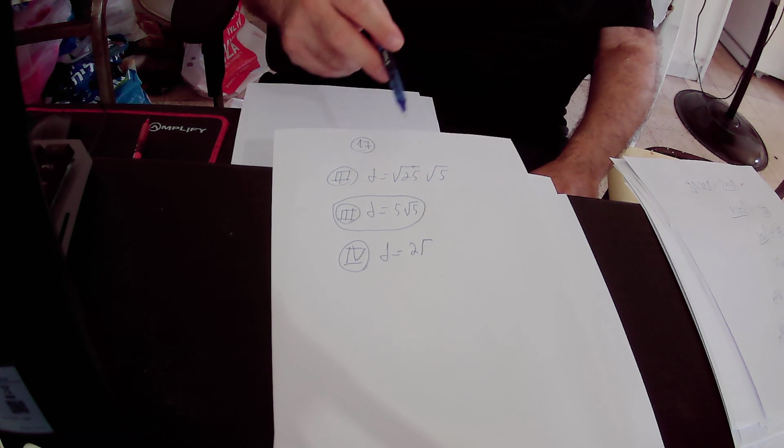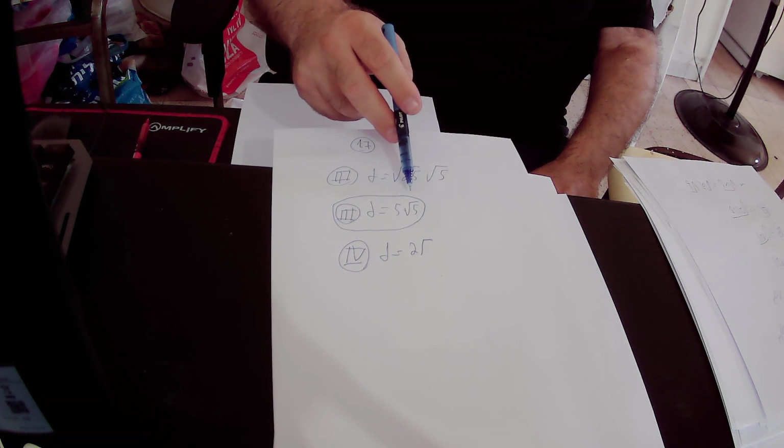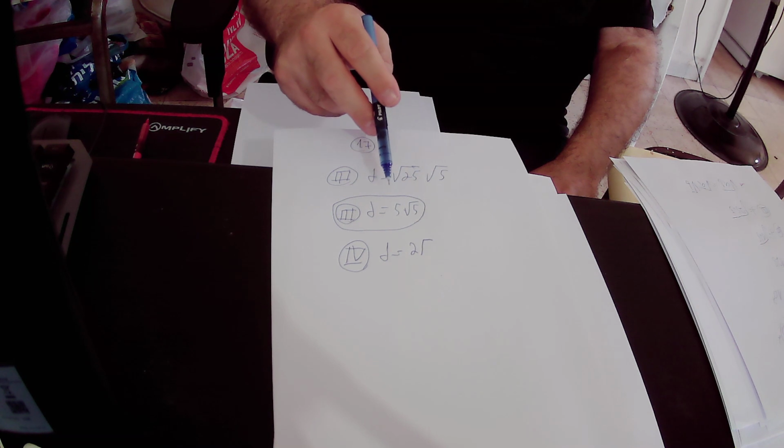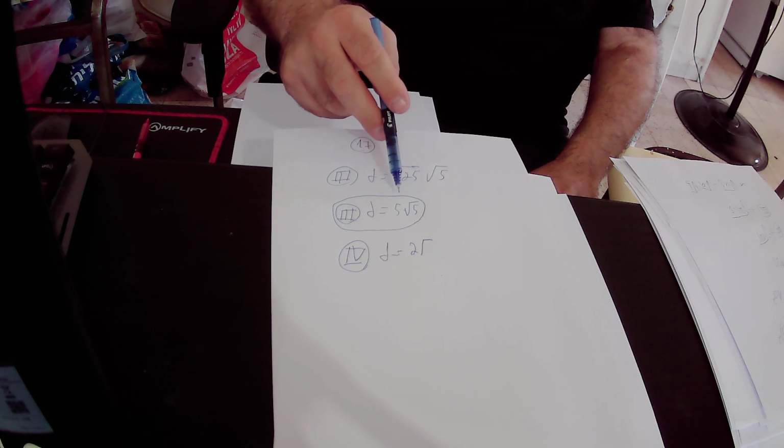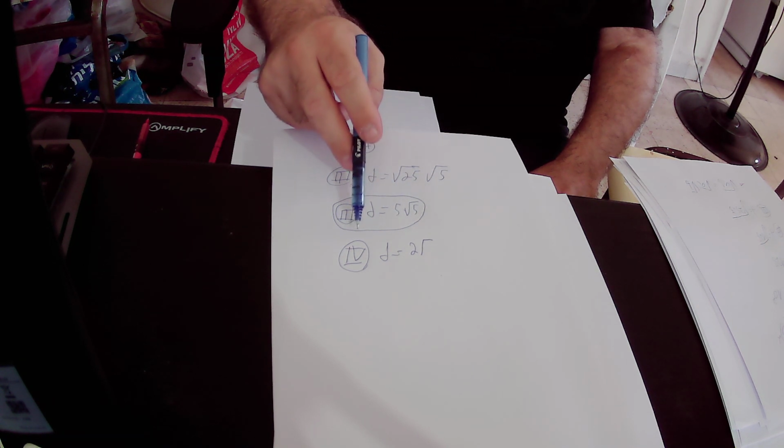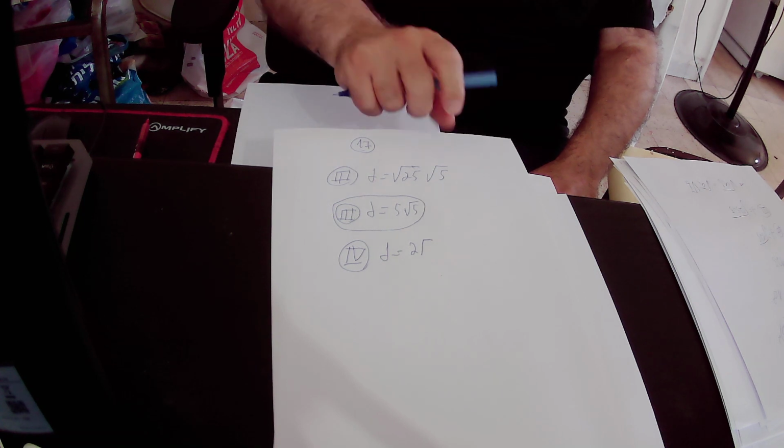But we already know that d equals 5 times root 5, so we can substitute d by 5 times root 5 in the fourth equation.